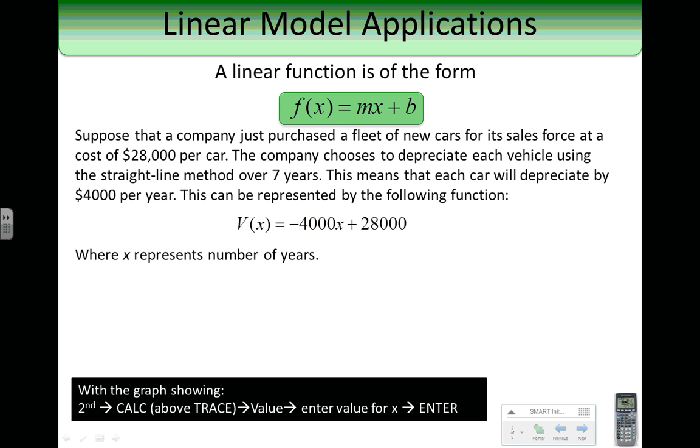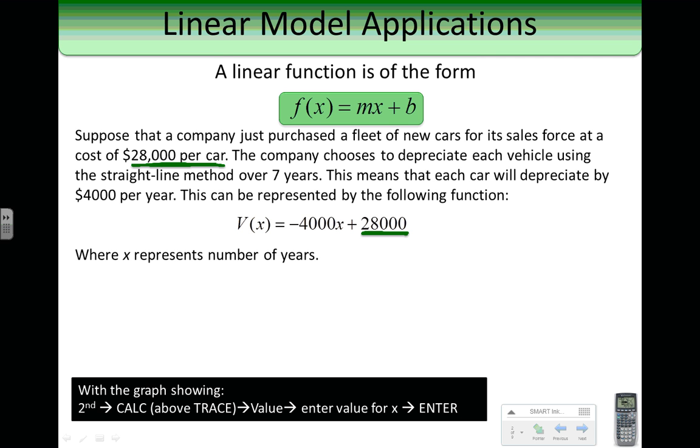So we have a car company that just purchased a whole bunch of new cars. We're going to go through again and look for the important information. $28,000 per car. That is where we get our plus 28,000. Each car is worth $28,000.